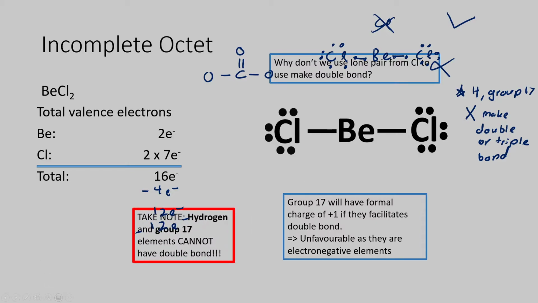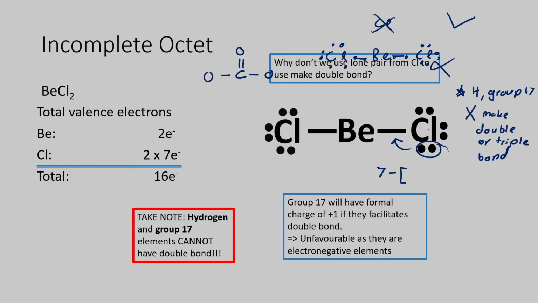Okay, the reason kenapa dia tak boleh nak jadikan double bond is all to do with dia punya formal charge. Kalaulah chlorine dia buat double bond, the formal charge calculation is dia punya valence electron, which is 7, minus dia punya lone pairs.